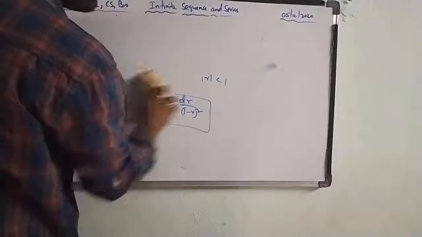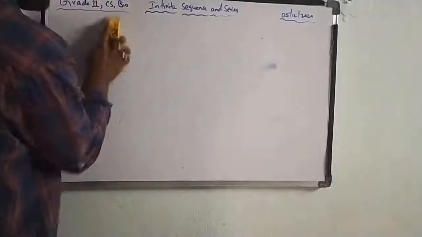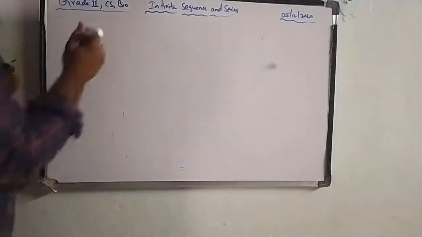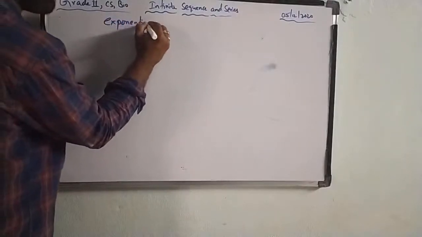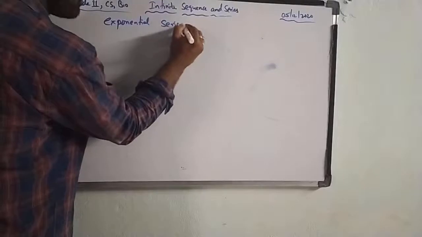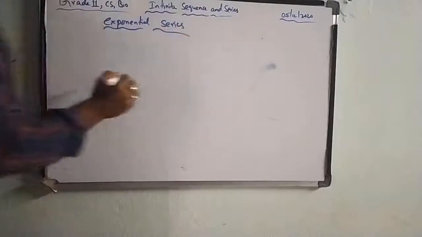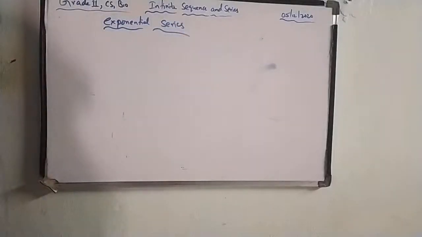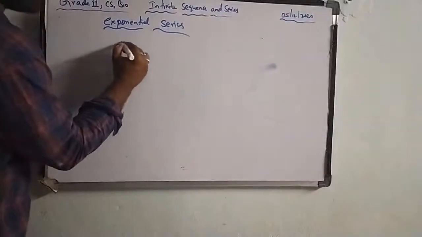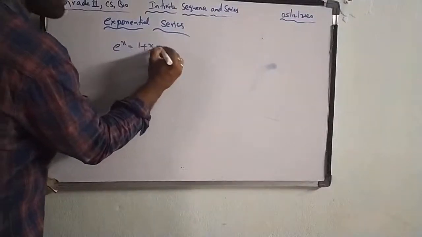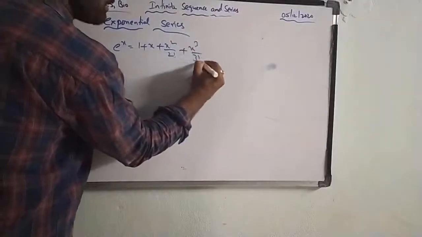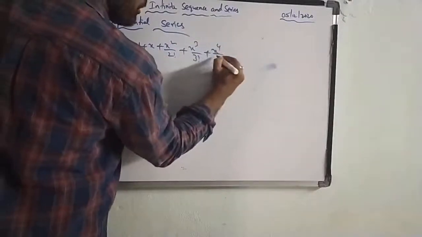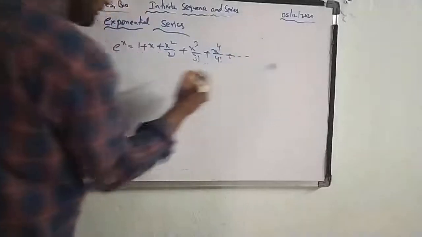Next, let us talk about the exponential series. In the exponential series, it is given as e power x equals 1 plus x plus x square by 2 factorial plus x cube by 3 factorial plus x to the power of 4 by 4 factorial plus so on.